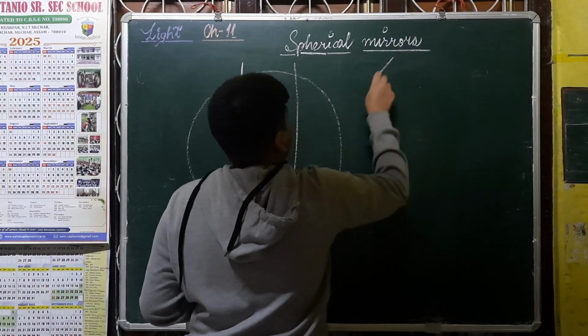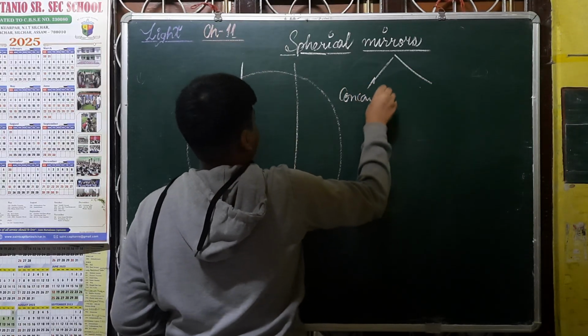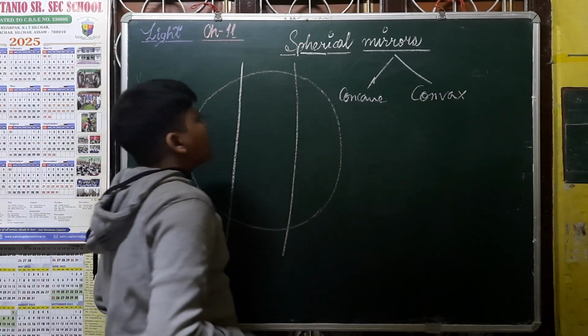So there are mainly two types of spherical mirror, concave and convex.